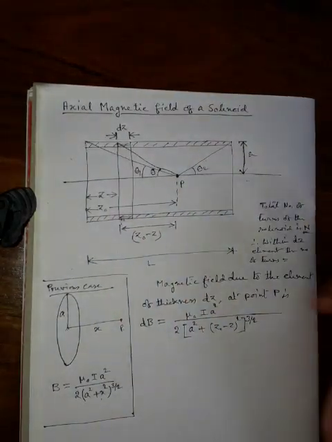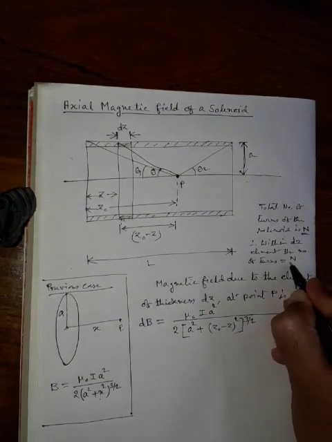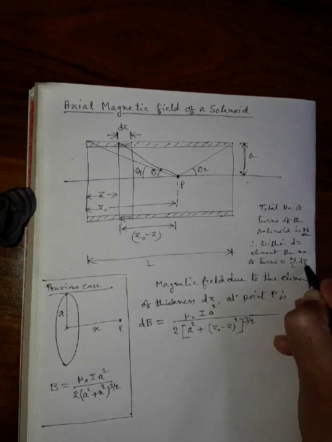So the total number of turns within dz is n by L into dz.